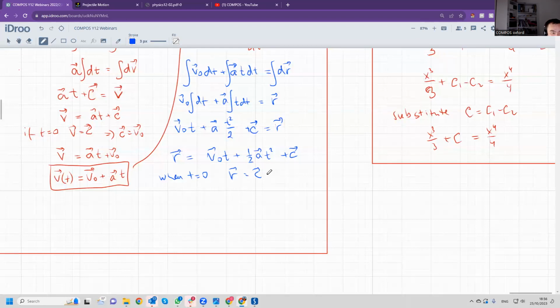That means, therefore, c is the initial position. So we get r of t is equal to r0 plus v0 t plus 1/2 a t squared.